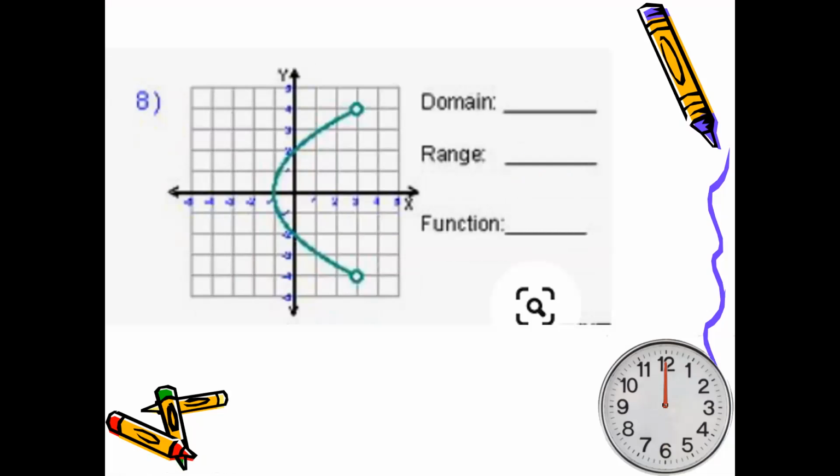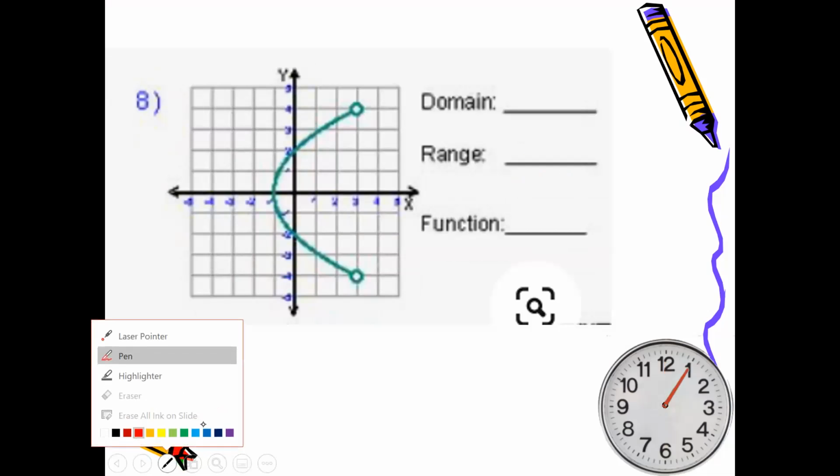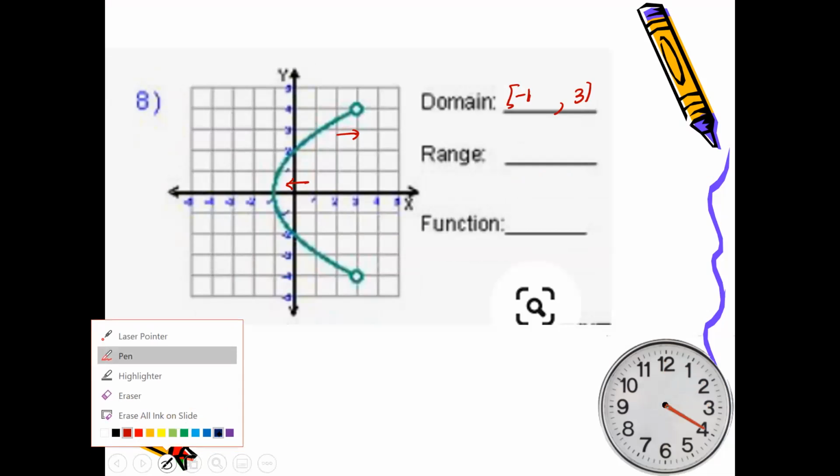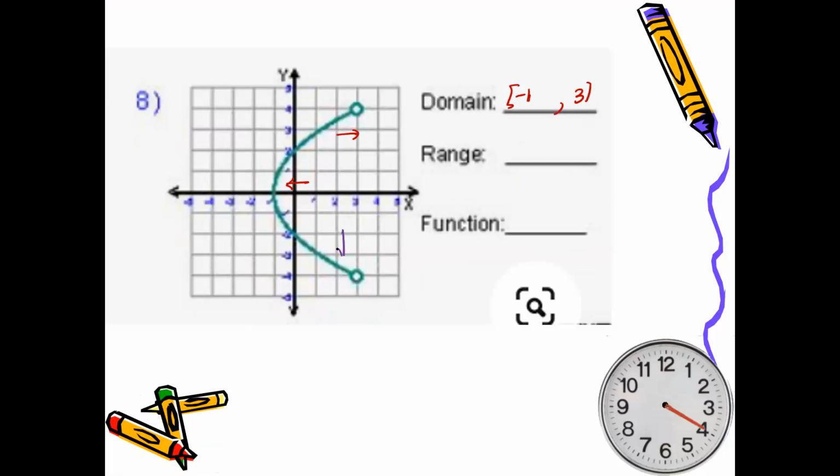Number 8, identify the domain, range, and function. All right, the domain is how far do you go to the right side? It is at 3, open parenthesis. How far do you go over to the left side? It is at -1, close parenthesis. And then let's take a look at the range. How far below do you get to here?